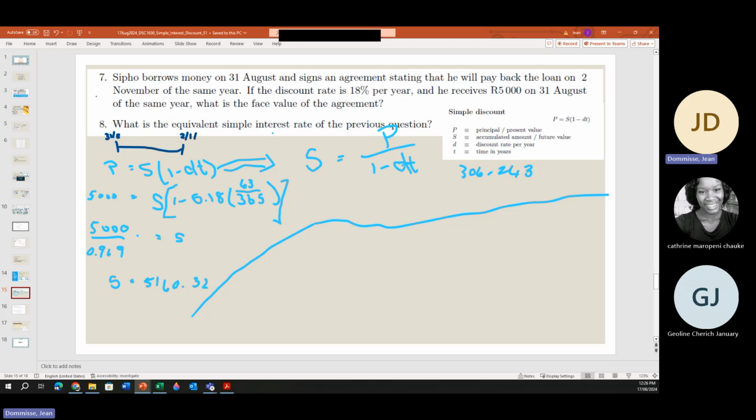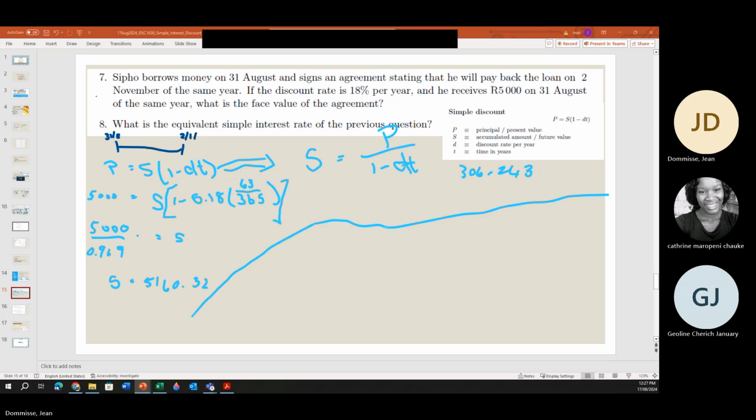Next time when we do compound interest, we will need to change the rates as well, but that's for the next session. This one is just changing simple interest into simple discount, or simple discount into simple interest. They can ask it both ways.